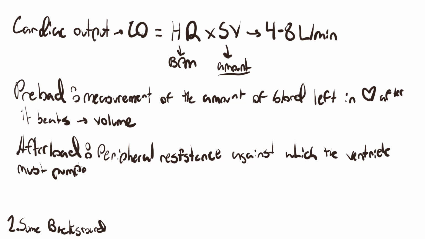Or it's the force that the ventricle needs to overcome to get the blood to its intended destination. So this is a measurement of resistance. It's not a measurement of volume. So it doesn't have anything to do with the amount of blood per se, simply how much force the ventricle needs to overcome to get that blood out.